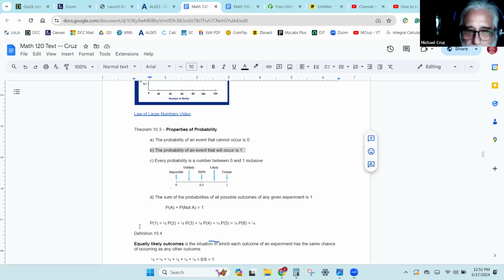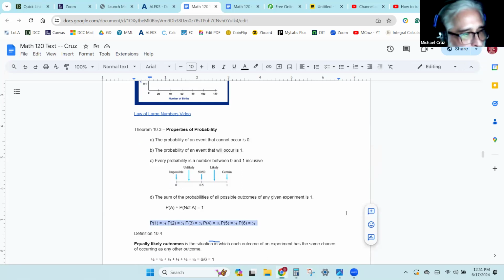So if we go back and look at that die, the probability of the 1: there's 1 out of the 6 sides that is a 1. There's 1 out of the 6 sides that is a 2. 1 out of the 6 sides is a 3. Same thing with the 4, the 5, and the 6.